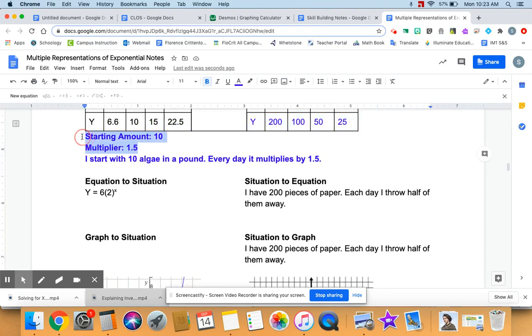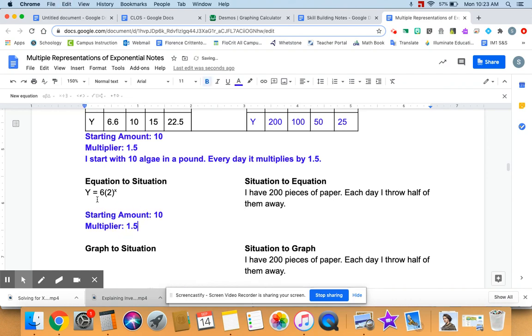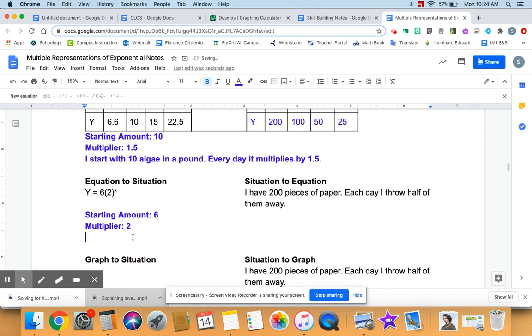What's my multiplier? So in my equation, my starting amount's which one? It's the 6. And then my multiplier is 2. And another way to say multiplying by 2, remember, is doubling.